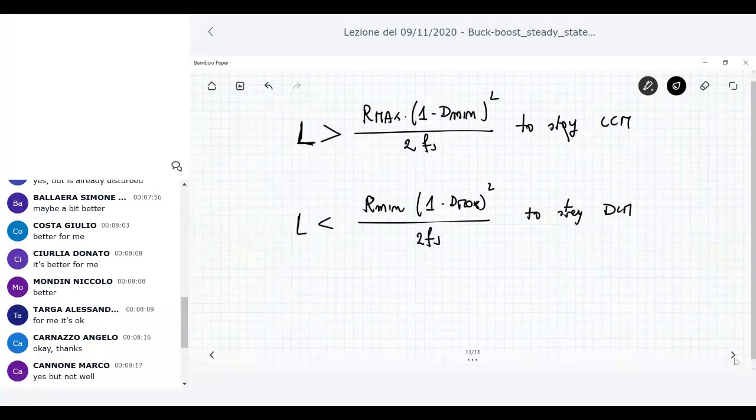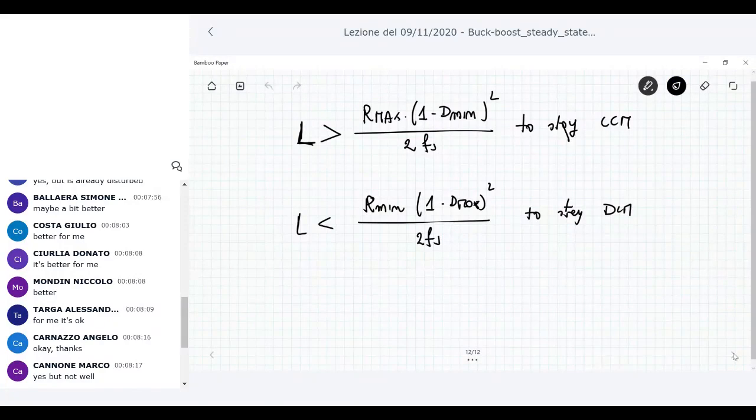The conclusions are always the same. You have to put inequalities in order to find the inductor that involves the maximum resistance or the minimum inductance, depending on whether you want to stay higher or lower than the critical curve. Nothing more than this. You always have the same reasoning here.